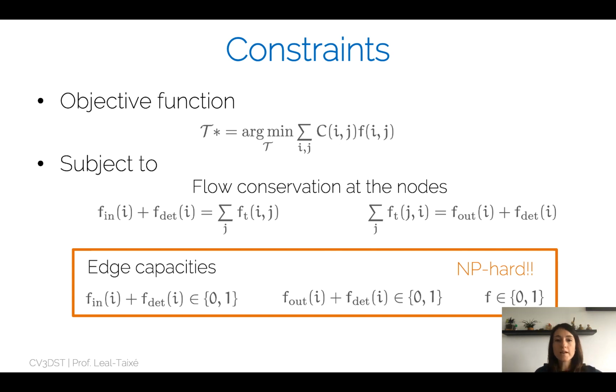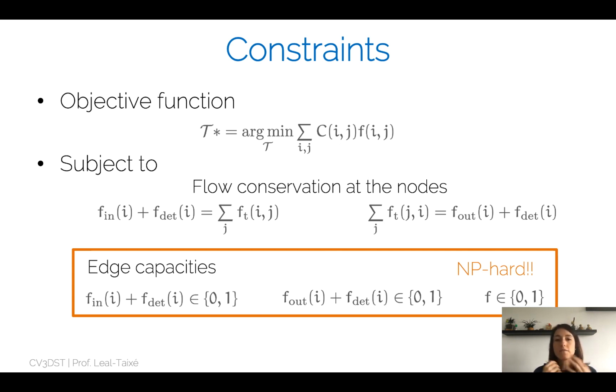So this, paired with the flow conservation at the nodes, means that I'm essentially going to either start a trajectory at a node, continue the trajectory at a node, and finally pass along the connection from frame t to frame t plus 1, and at that point again either end the trajectory or continue it with a detection connection.